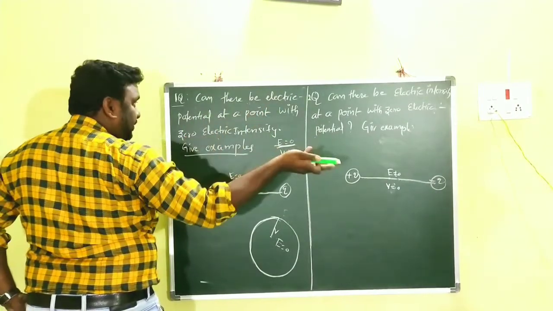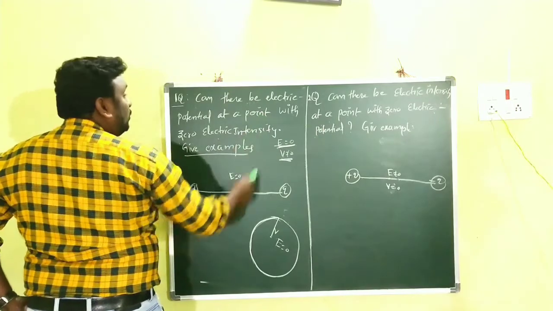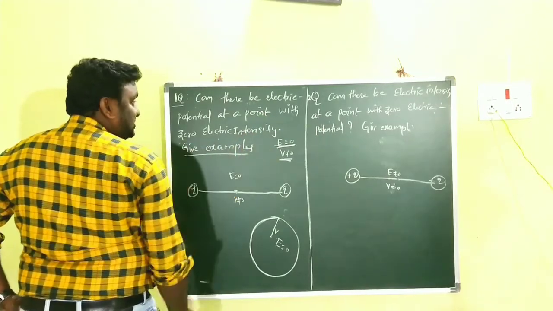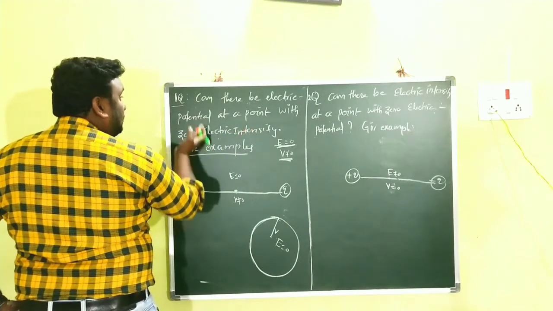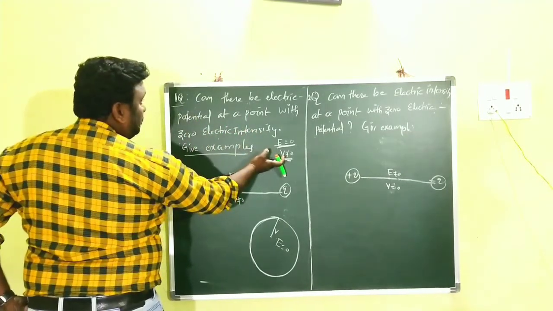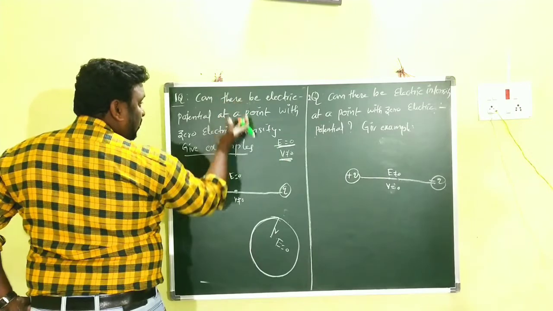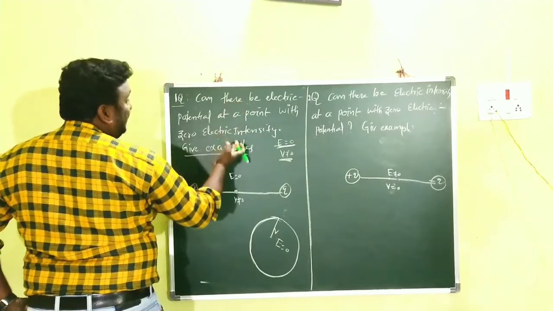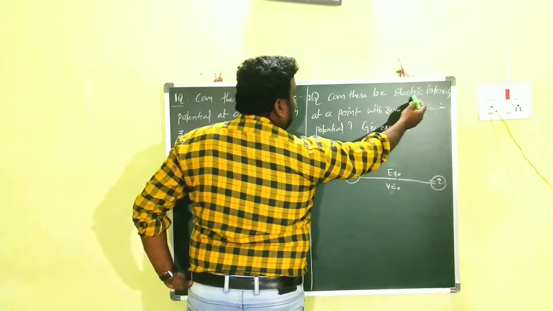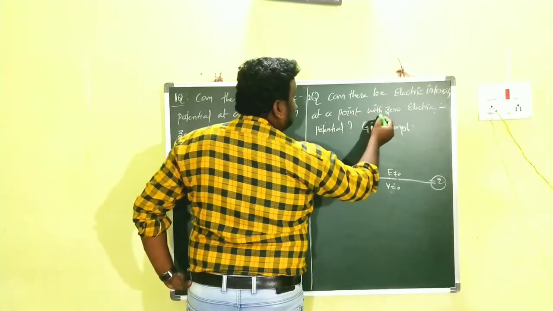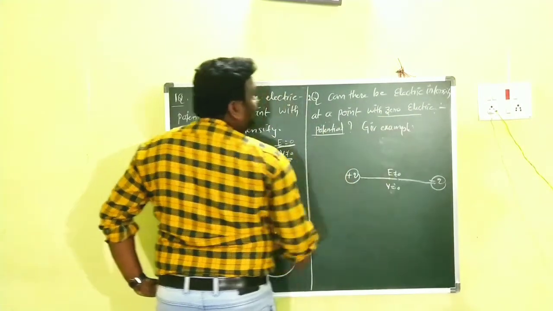Is there any electric potential at a point with zero electric intensity? At one particular point the electric field intensity is 0 but the potential is not equal to 0. Is it possible or not? If it is possible, give an example. Now the second: can there be electric intensity at a point with zero electric potential?